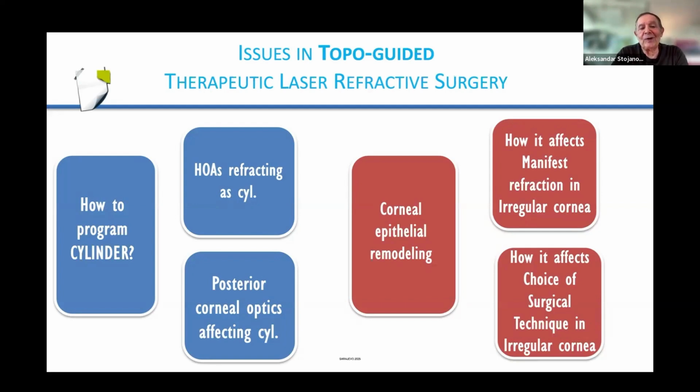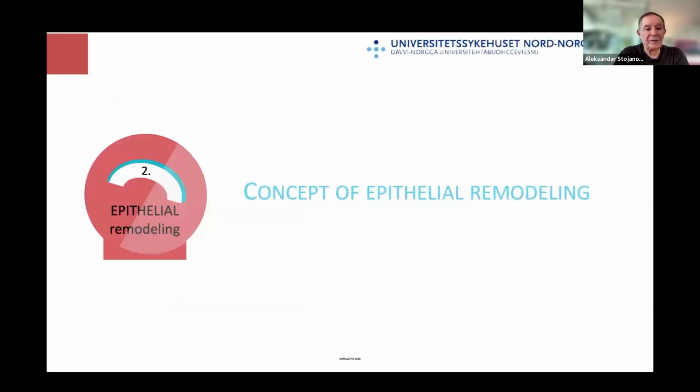Today I will talk about corneal epithelial remodeling, how it affects manifest refraction in irregular corneas, and how it affects our choice of surgical technique in irregular corneas. So let us first look very shortly at the concept of epithelial remodeling.